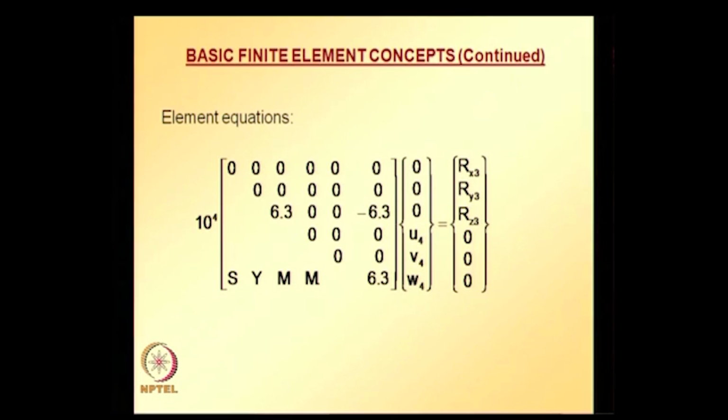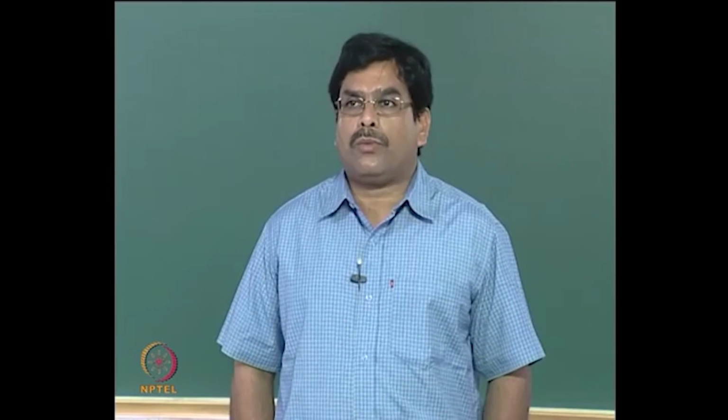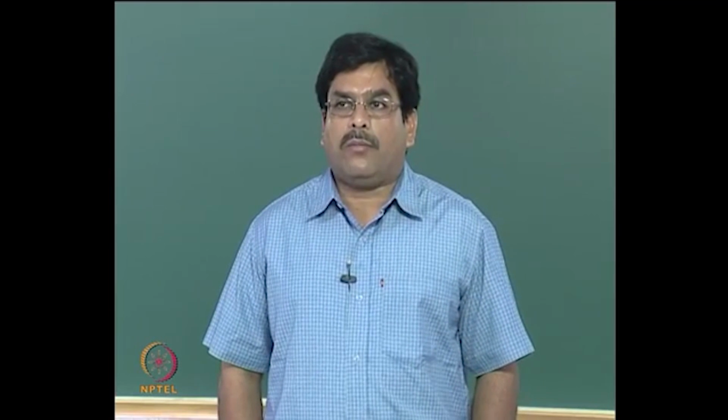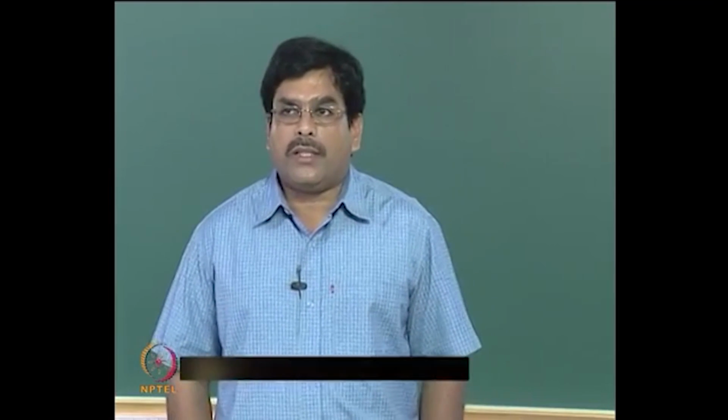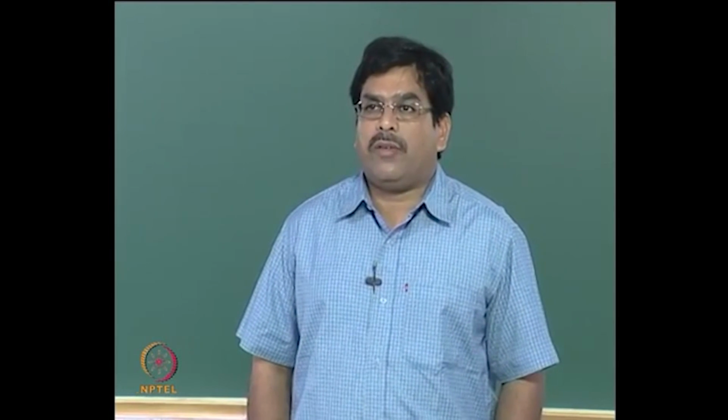So, finally, in the global equation system, to solve for the unknown degrees of freedom, we need to eliminate those rows and columns corresponding to the degrees of freedom of which the value is 0. So, in the global equation system we will be eliminating the rows and columns corresponding to nodes 1, 2, 3, which for the node numbering that we have given correspond to locations 1 to 9, that is rows and columns 1 to 9 will be eliminated in the 12 by 12 equation system.